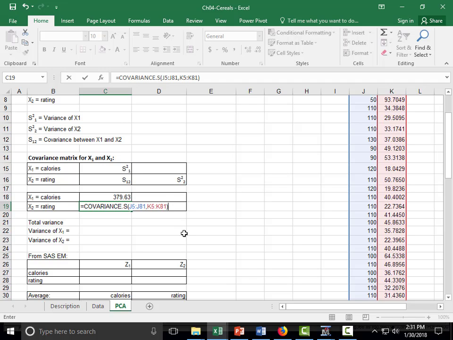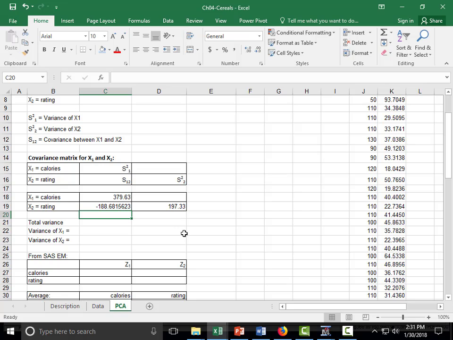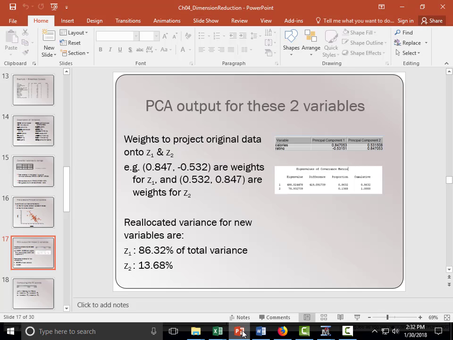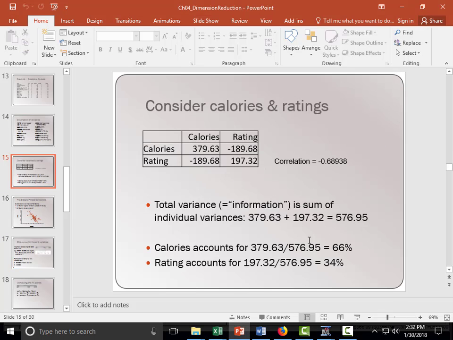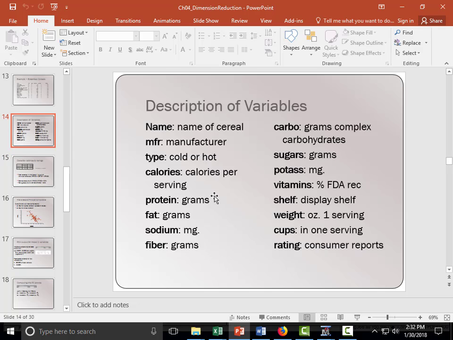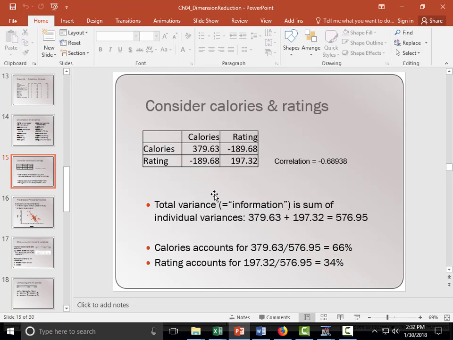That will give us the covariance of x1 and x2. So that's what we have here somewhere. Yeah, I think that one.